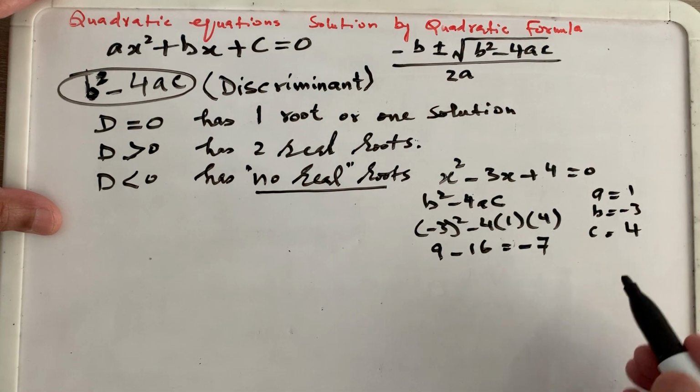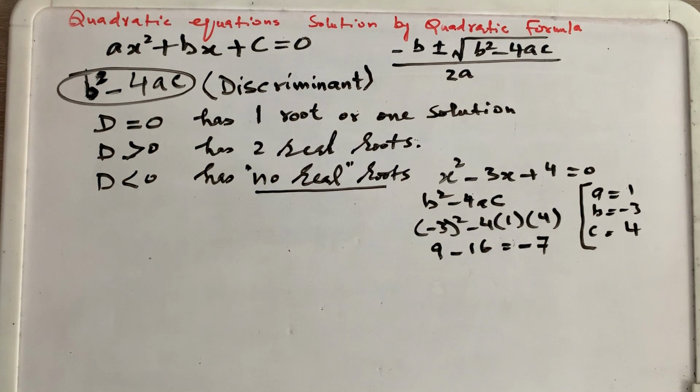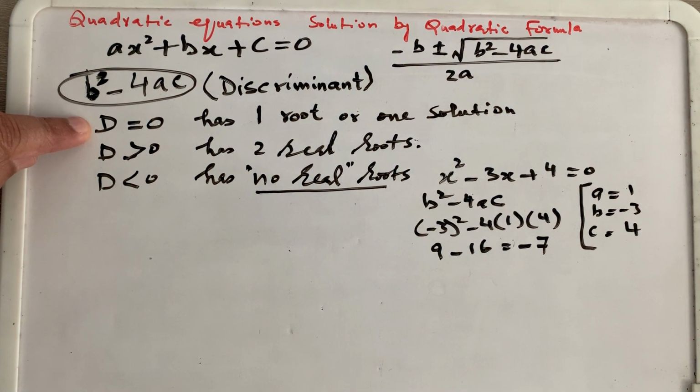So if the question only says to tell how many roots the following equation has, you can only calculate the discriminant b squared minus 4ac. D equal to 0 has one root or one real solution.